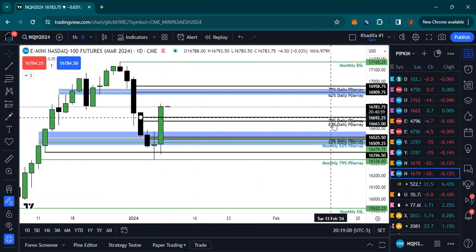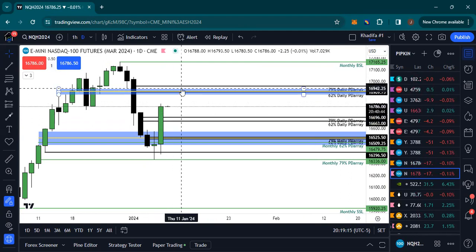If we cannot get back below these daily premium array levels that we just pushed through today, then that is a good confirmation, or should I say a good indication, that price is going to continue higher.